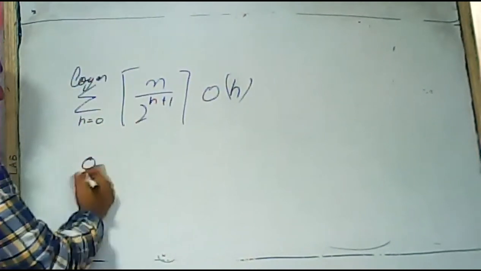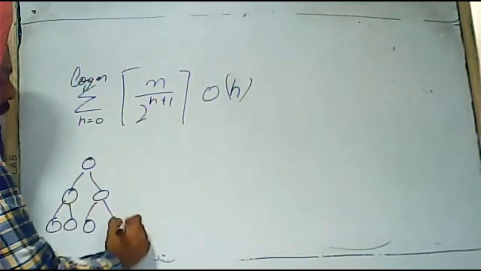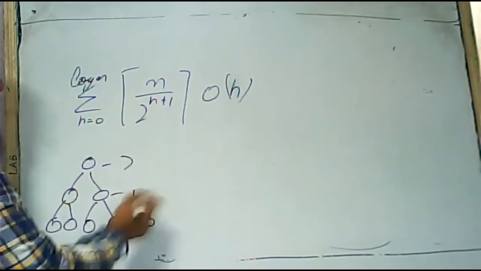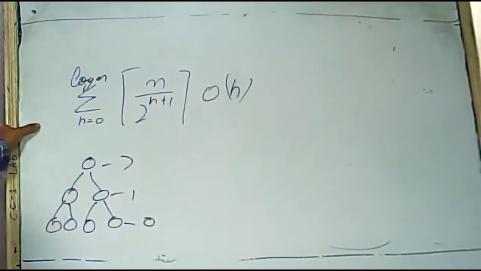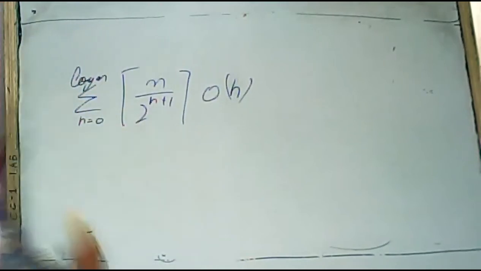We have just seen that the last leaf node will have height 0, then 1, then 2. So it will start from 0 to log n. Maximum height is log n of a tree.